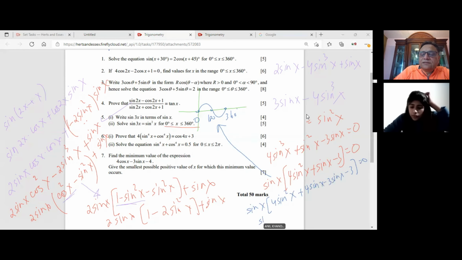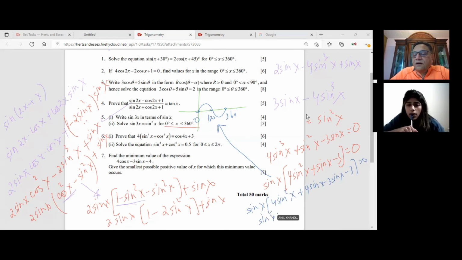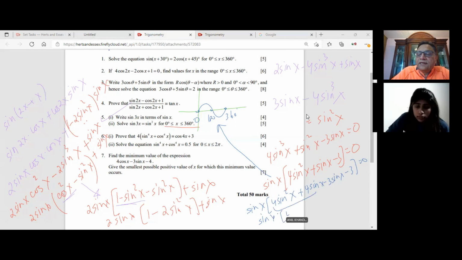So we have 4 and minus 1. And then we have two groups: 4 sin x, and we get sin x plus 1, and here we get minus 3 times sin x plus 1, correct?